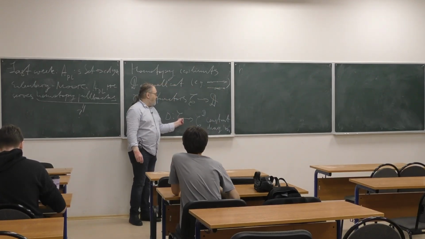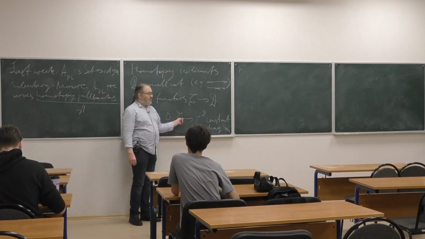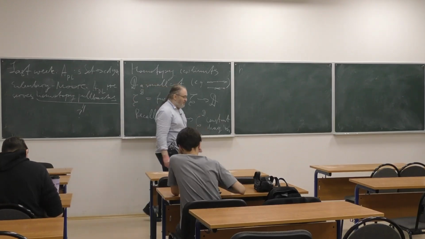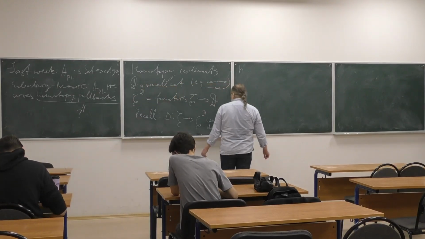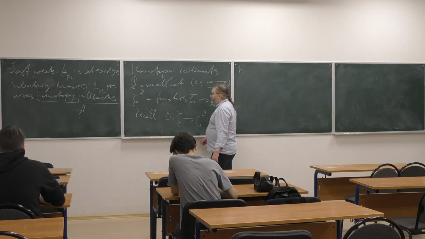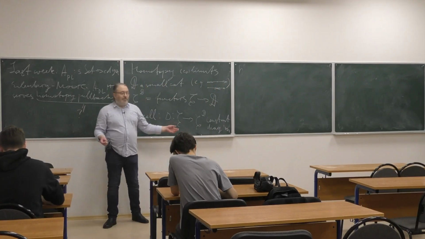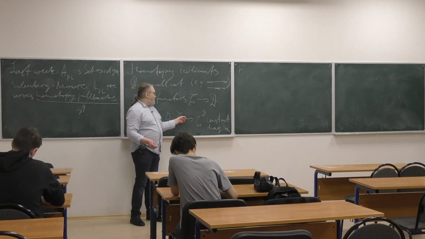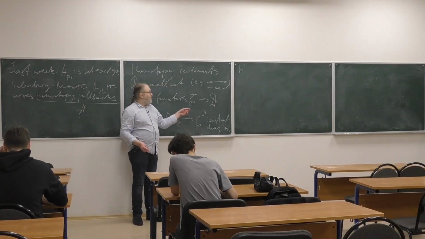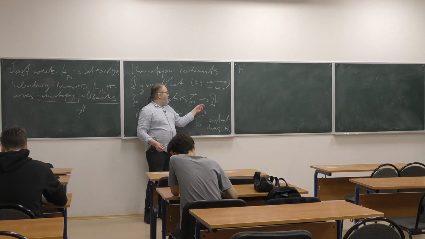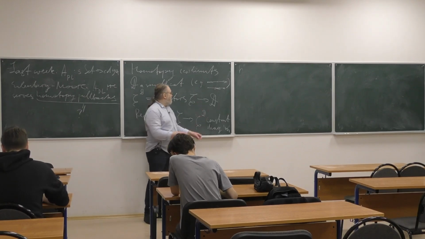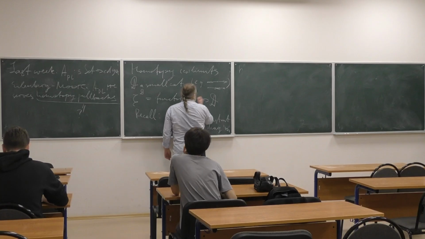We have the constant diagram functor from C to the D. Basically, to every object C, we associate, sorry, it's supposed to be the other way around.